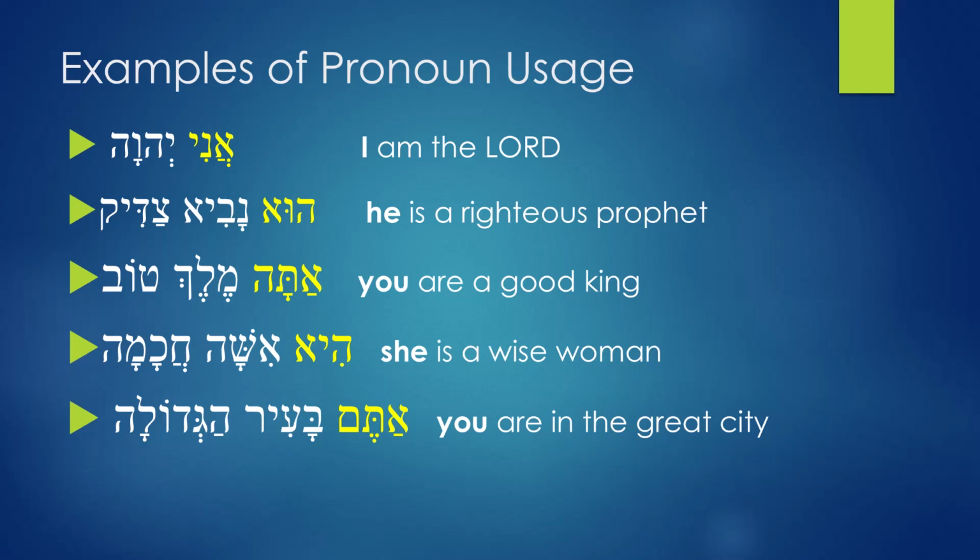Remember, who is he and he is she? The pronoun he means she. The adjective is modifying the noun Isha, woman. So the translation is, she is a wise woman.